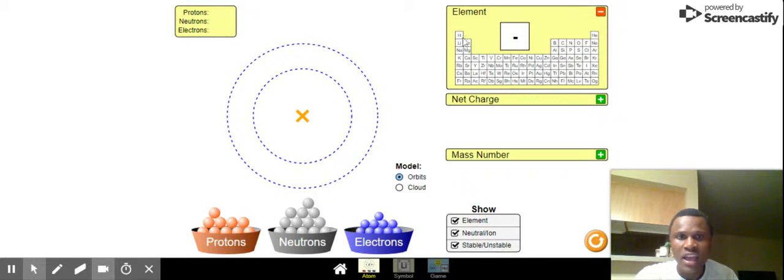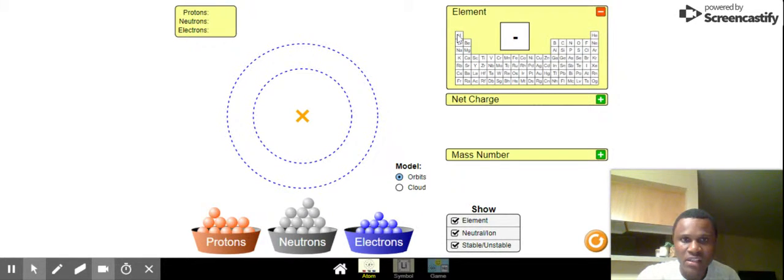So the elements in the periodic table, just like the one you've seen here, the periodic table is an arrangement of elements in horizontal periods and vertical groups. So the horizontal arrangement of elements is called a period, while the vertical arrangement is called the groups.